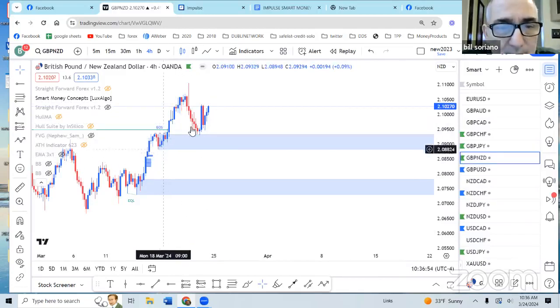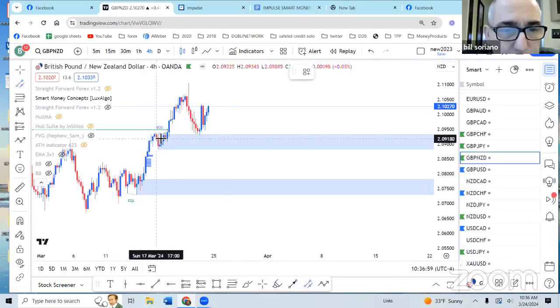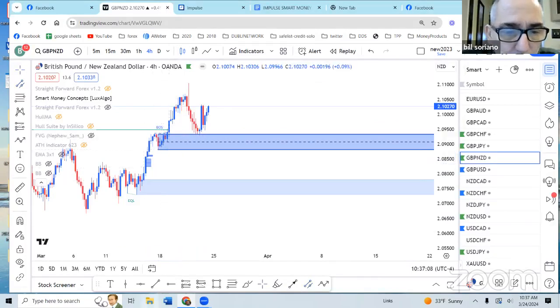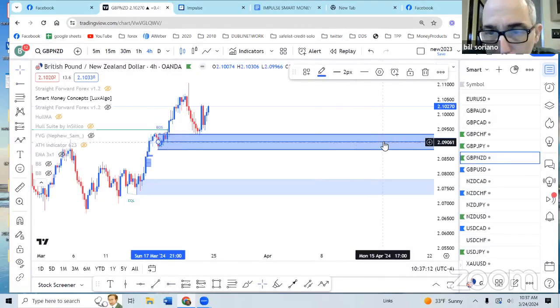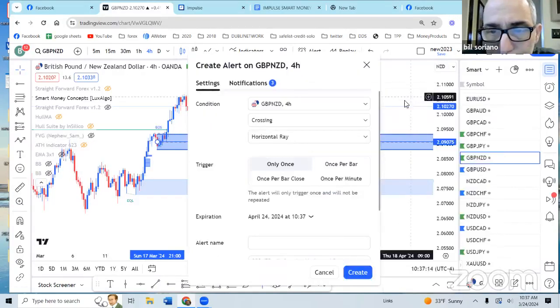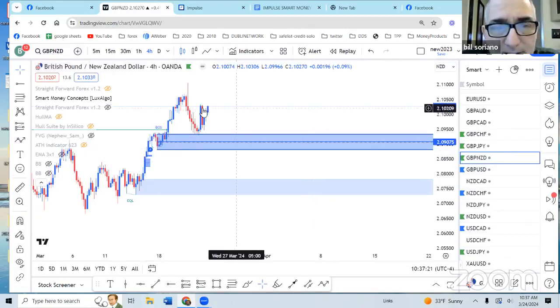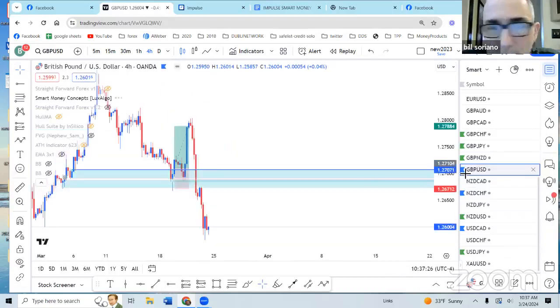So we wouldn't have taken a trade there, because we're going to grab our tool, pull that down, and we want this 50% point to get hit right here. So we're looking for 2.09075 in GBP NZD.